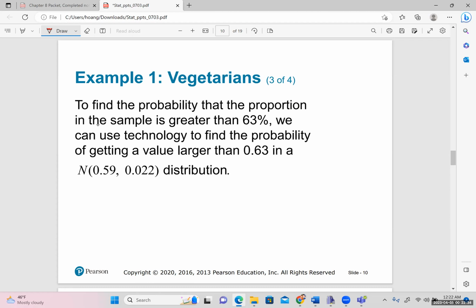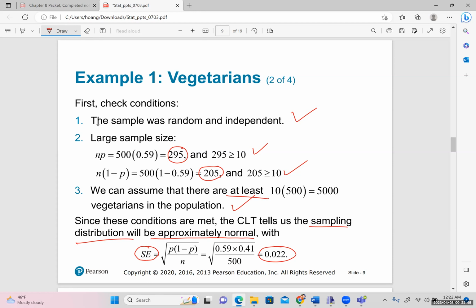And we also have the mean. The mean is actually p, which is equal to 0.59, right? Because this is approximately normal, we can use the mean as p, 0.59, and for the standard deviation we use the standard error, 0.022.